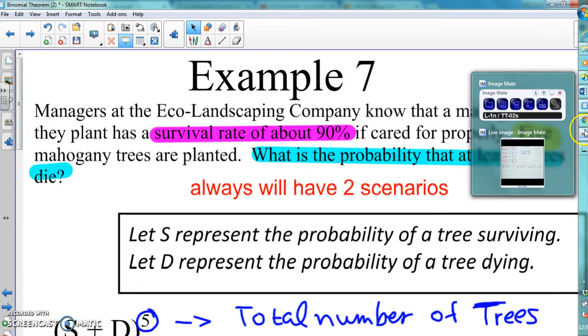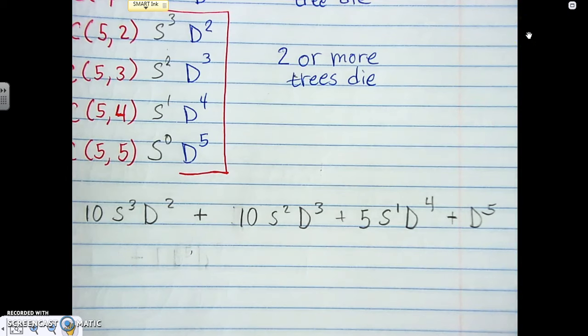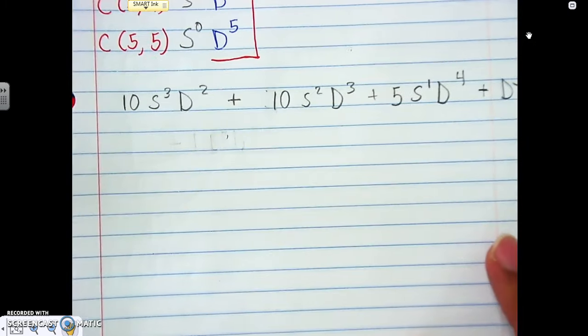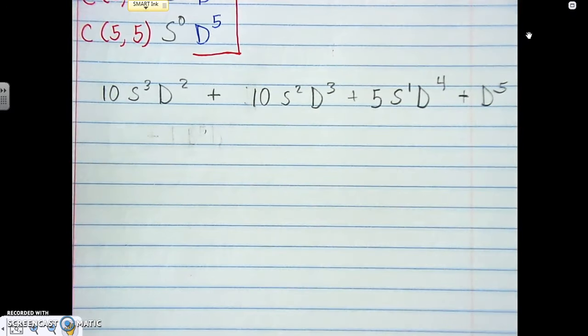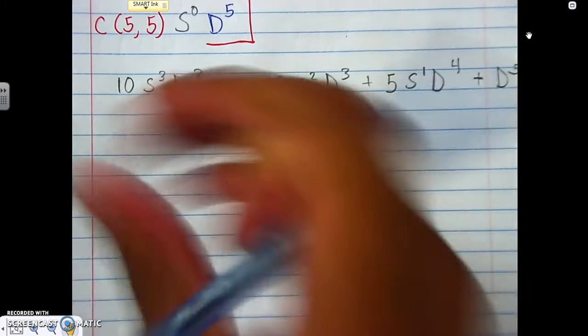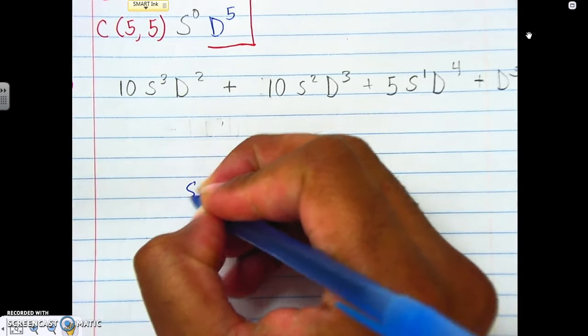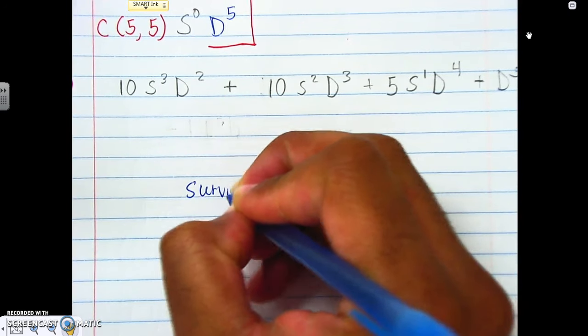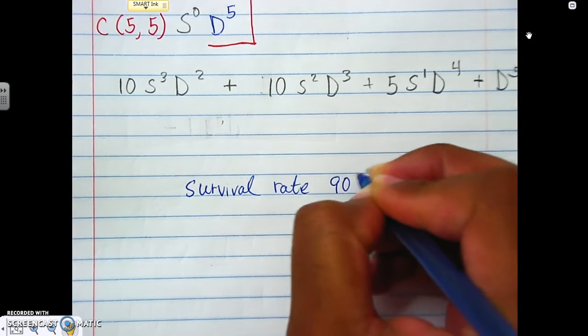So here, let me go back to my Elmo and let me make this big. So we're done with the problem part that we need. We don't need the words part anymore. All right, so before we actually do all of this stuff here, our survival rate is 90%.